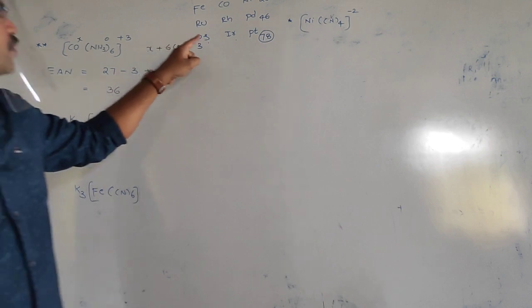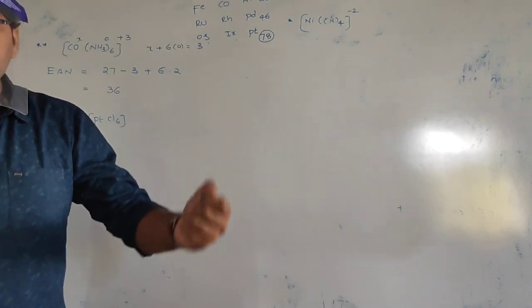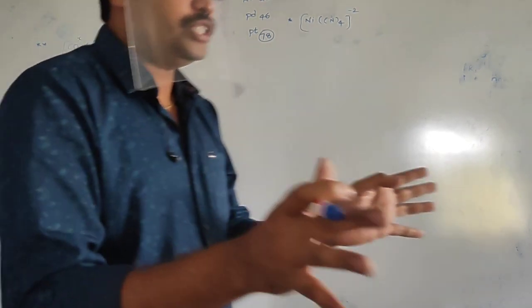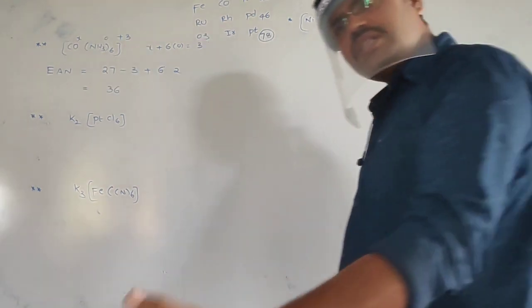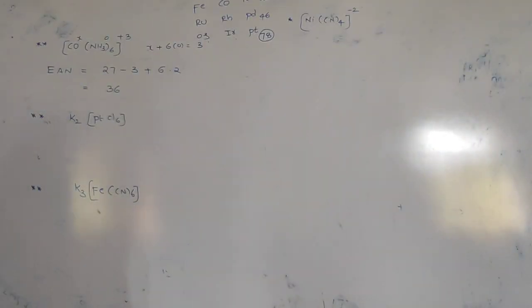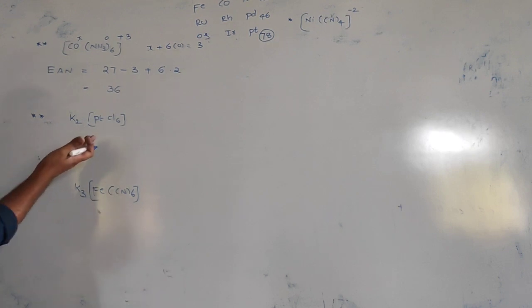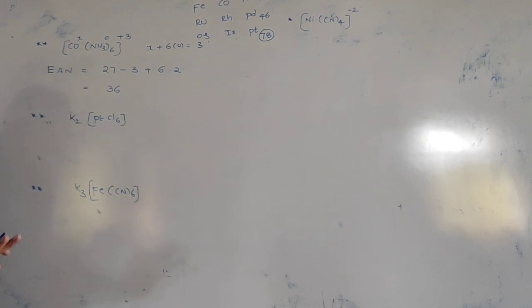What about osmium, sir? 44 plus 32, what is it? 76. This is the way one can find the atomic number of each and every d block element, whether they belong to the 3d series, the 4d series, or the 5d series, whatever it may be. So after knowing the atomic number of platinum, it becomes easy.